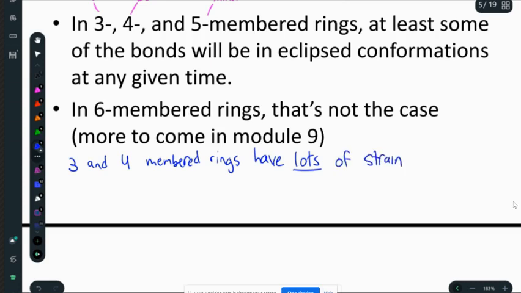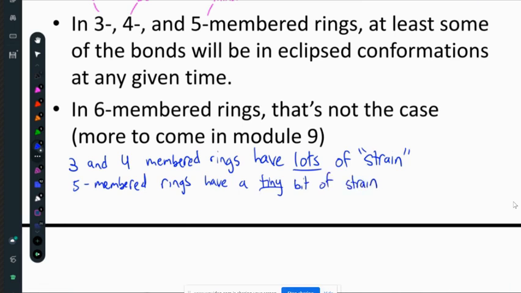They're going to be relatively hard to form. 5-membered rings, only a tiny amount. That's not really going to have a big effect on them.